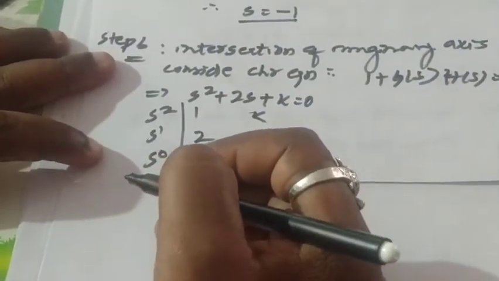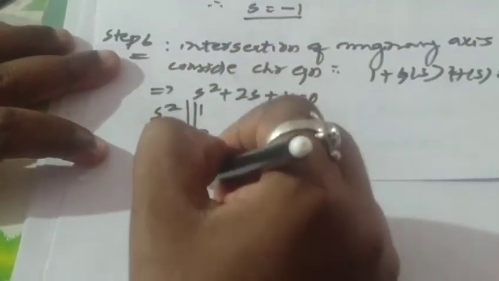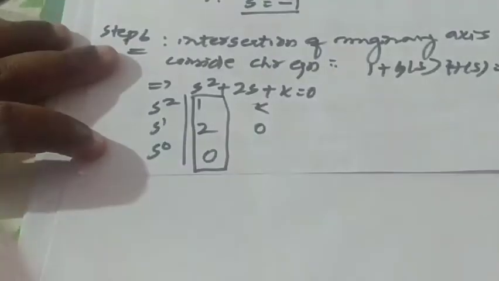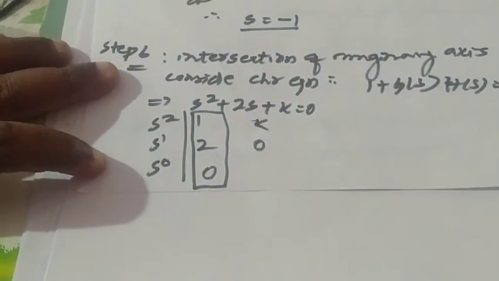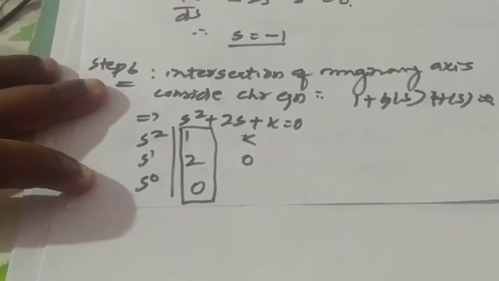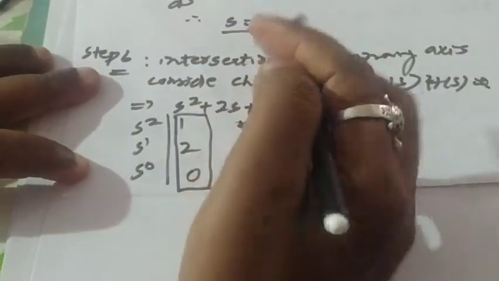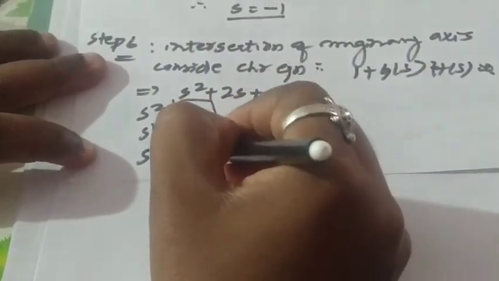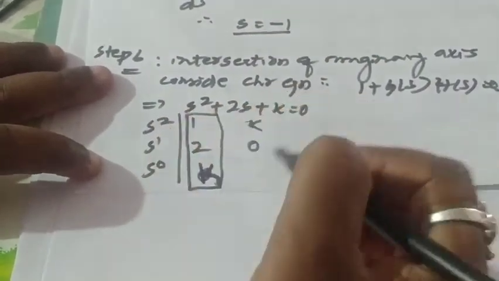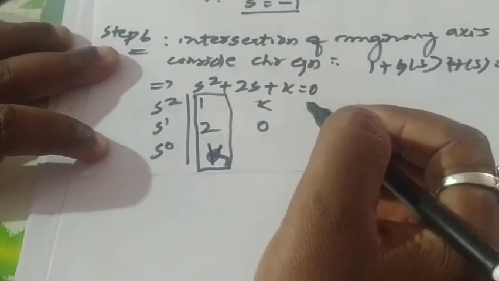Here, in the first row of the root table, we are going to consider all entries positive, but k should be greater than 0. This is your k, so k is greater than 0.